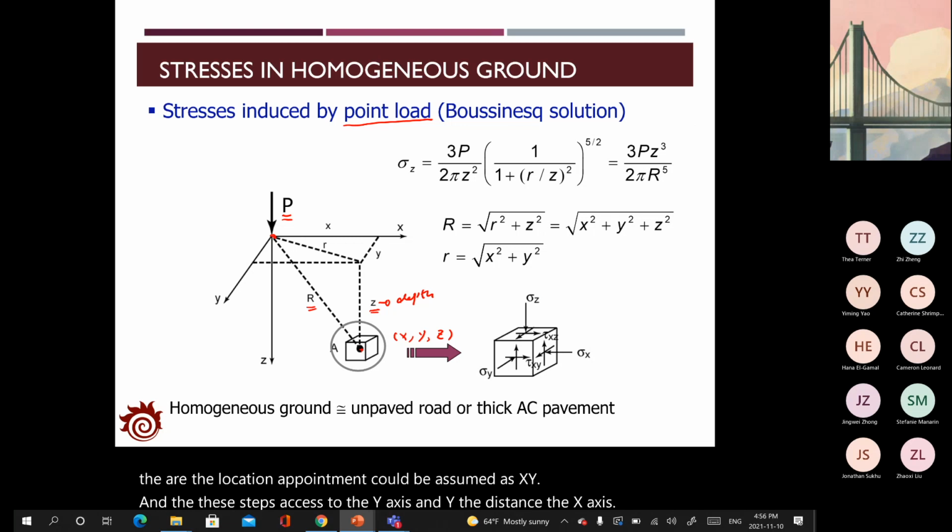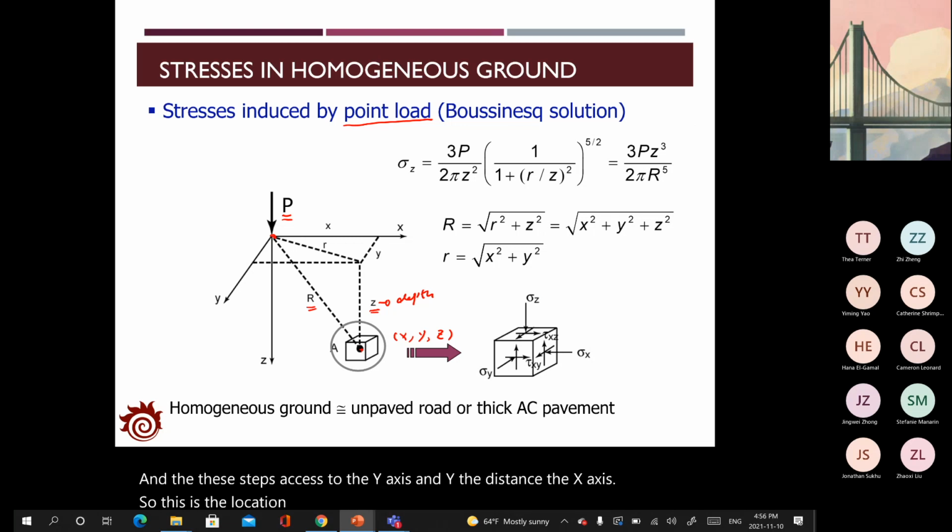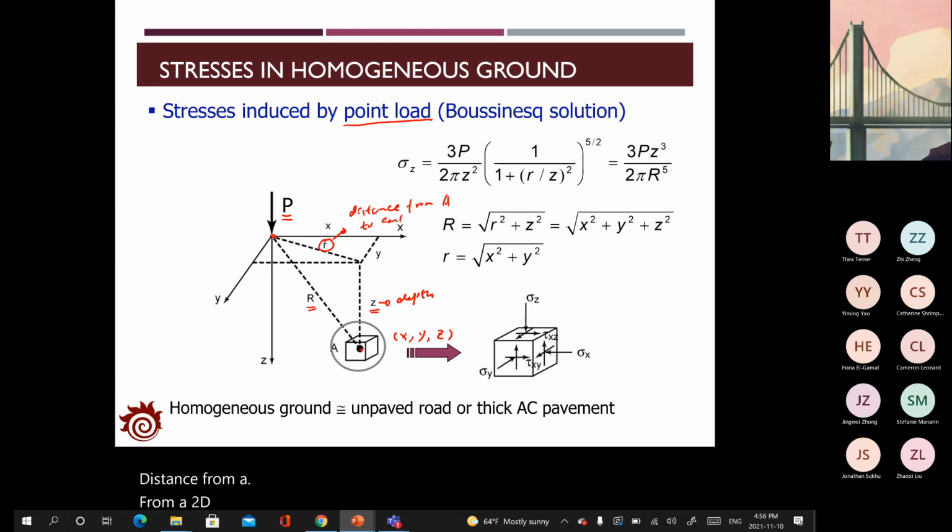So this is the location of point A, and another thing is the variable r. r is the distance from A to the center line of the load, which would be the perpendicular distance to the z-axis.